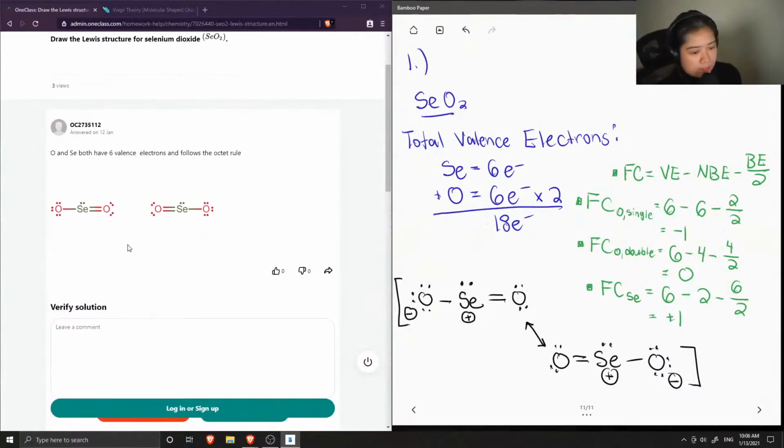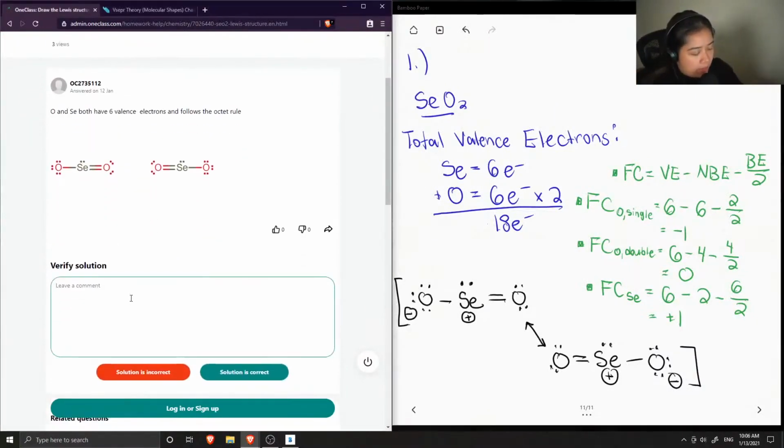And you can see the junior tutor said the same thing, but I'm just going to say that the single bonded oxygen should have a negative charge, and selenium will have a positive charge.